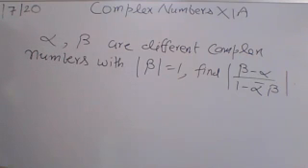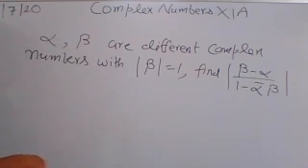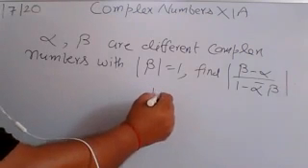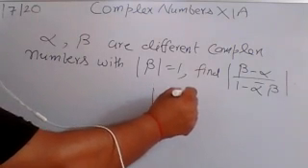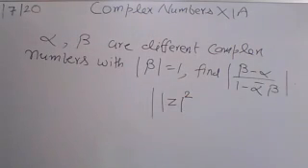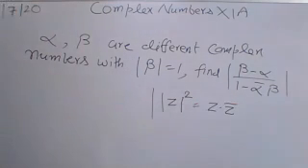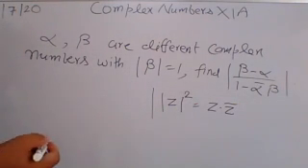Just see how you find the value of mod of (beta minus alpha) upon (1 minus alpha bar beta). Actually, here you know this property, that z into z bar is equal to mod of z whole square. So here you are applying that concept.